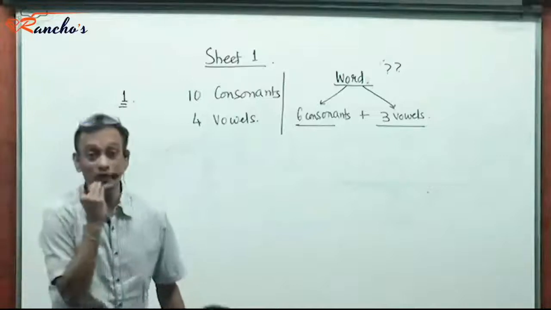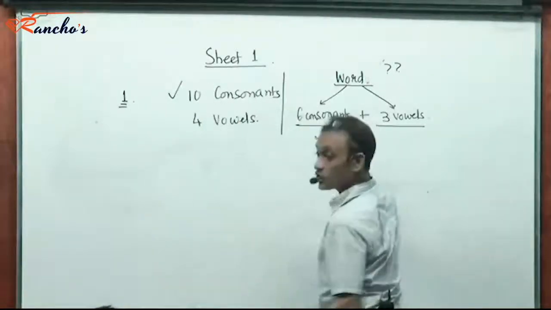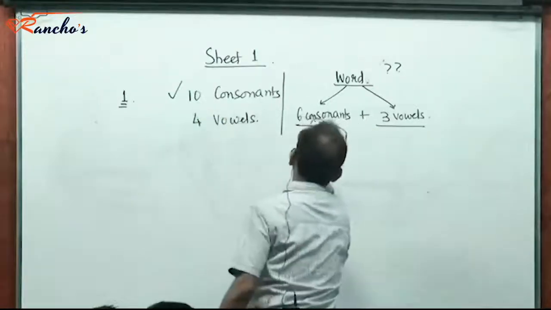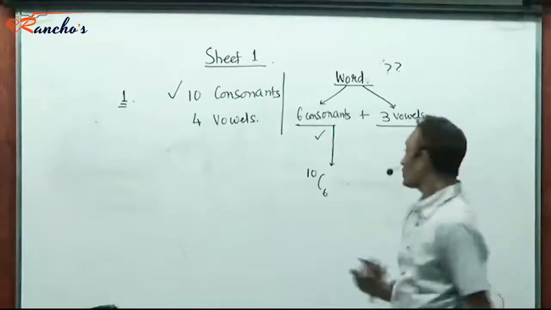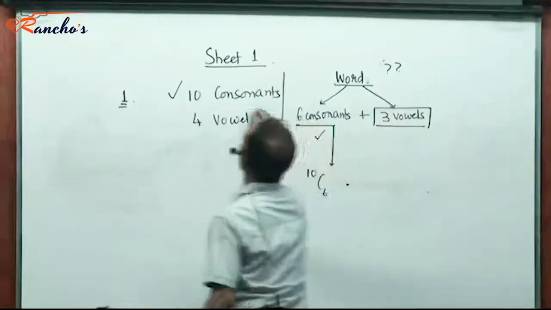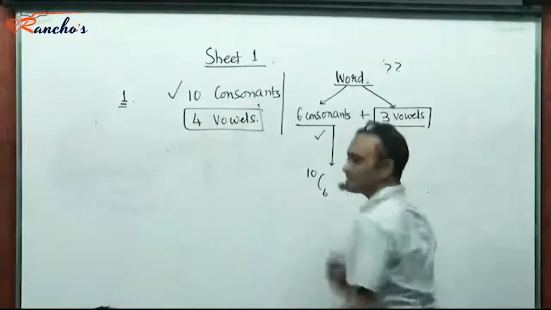So first thing that I do is, out of 10 consonants, I select 6 consonants. I can select 6 consonants from 10 available in 10C6 ways, right? And then I want to be able to select 3 vowels from 4 available, which I can do in 4C3 ways.